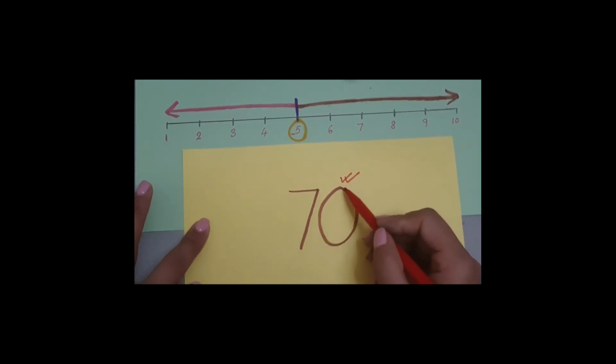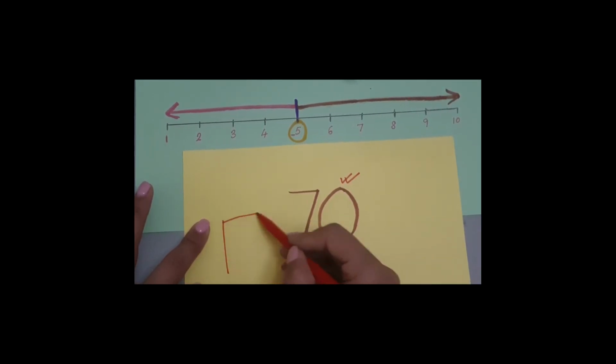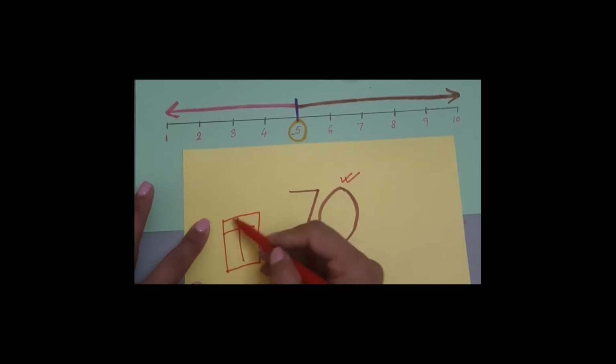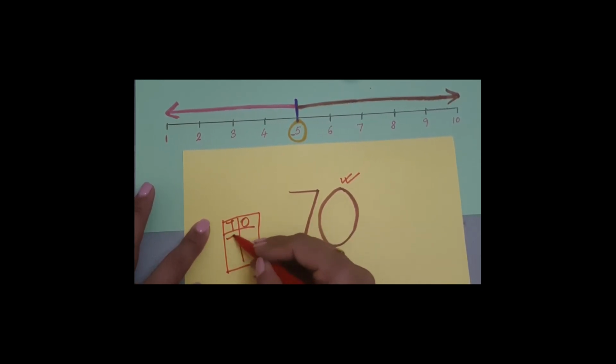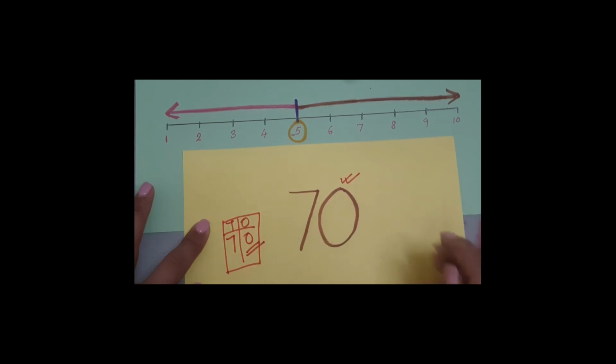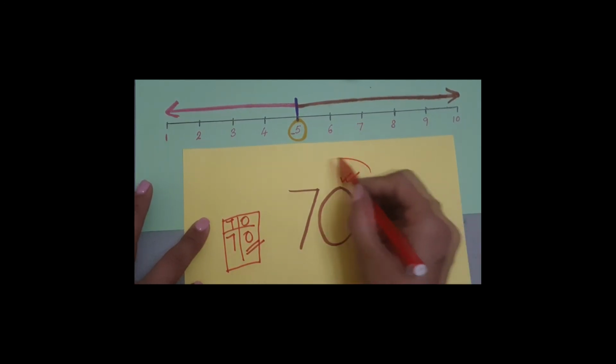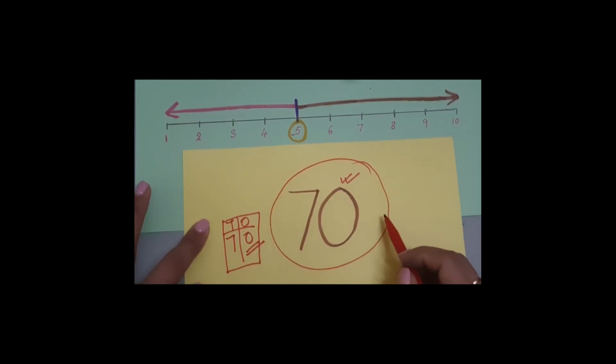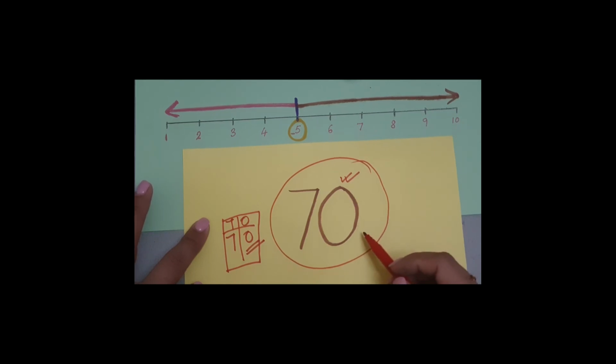So when you have 0 at ones place, let's place it in the place value chart. When you have 0 at ones place, we don't round off the number because it's already rounded. So 70 stays 70.